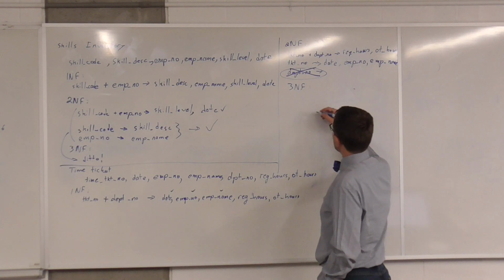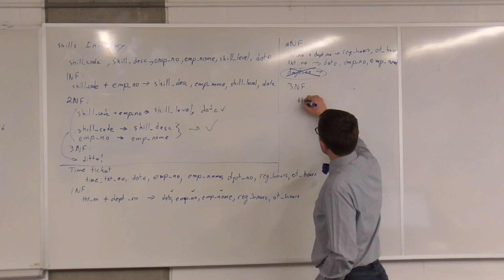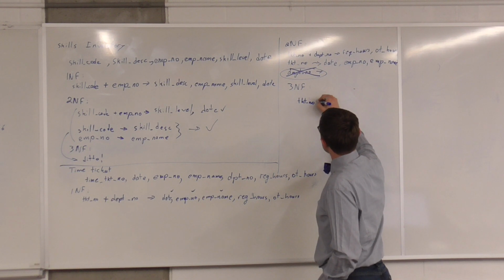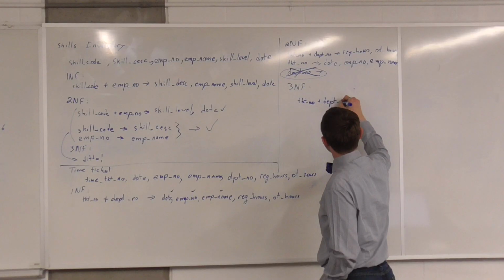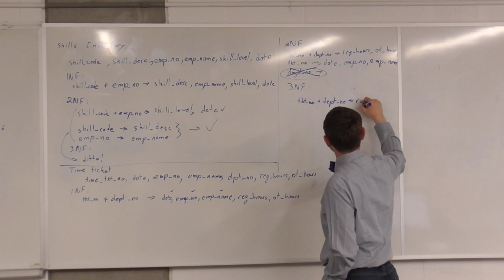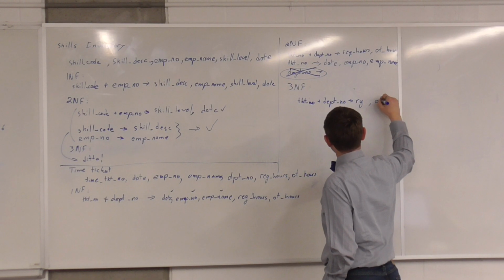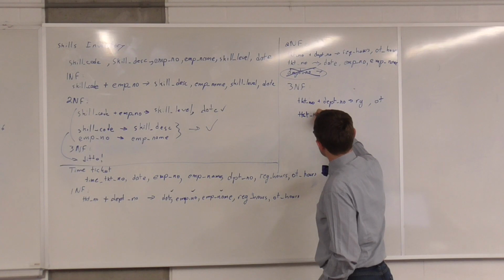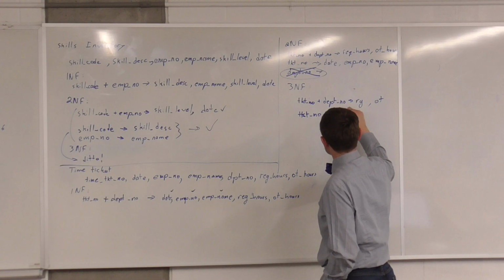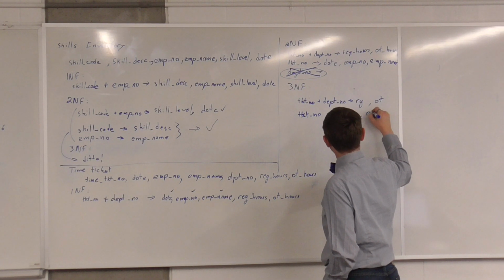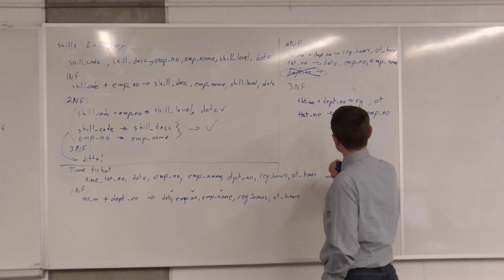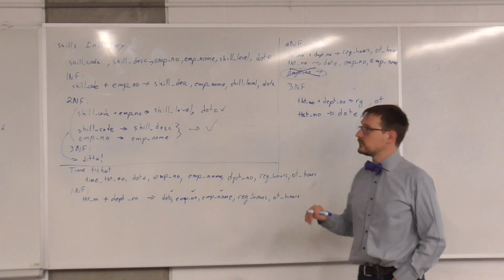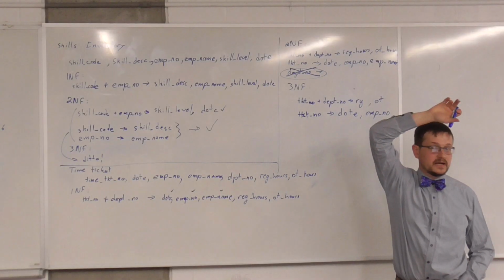So, in the third normal form, we have ticket number plus department name gets us regular and overtime hours. We get ticket number, it has date and employee number, right? So we've popped that one out.